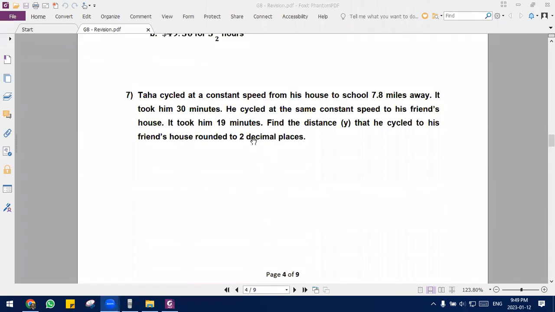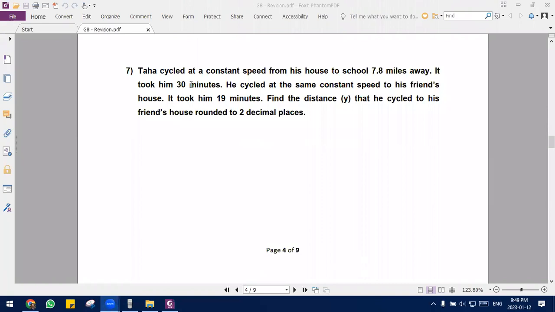Next one. We have Taha cycled at a constant speed from his house to school, 7.8 miles. This is the distance. And then it took him 30 minutes. This is the time. Then he cycled at the same constant speed. So this is very important. When we are saying same constant speed, it means there's a constant like k, which means that they are proportional.